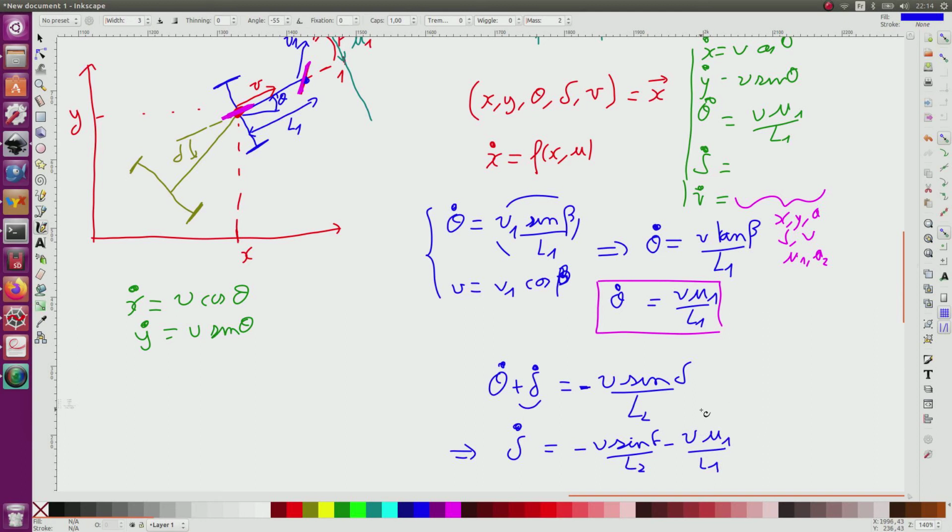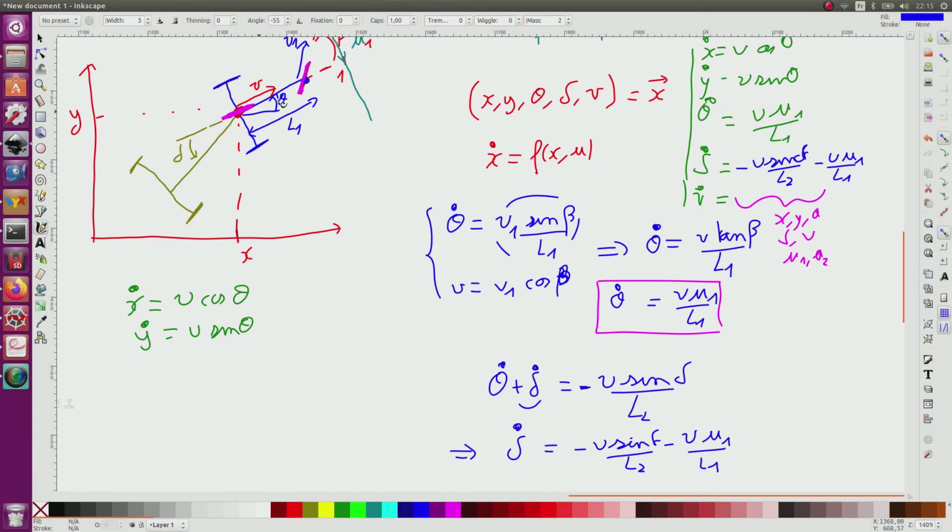Okay, so now I have this relation: V sine delta divided by L2 minus V U1 divided by L1. I still have to find the last relation about V dot.